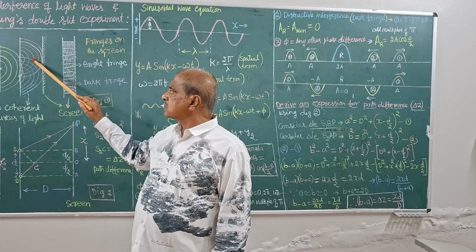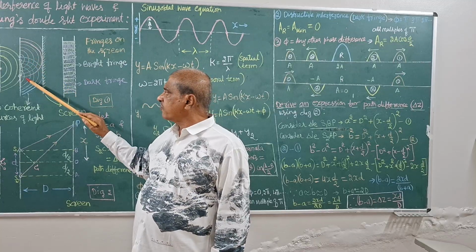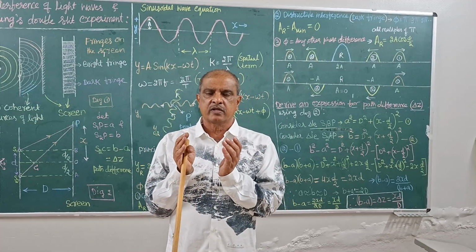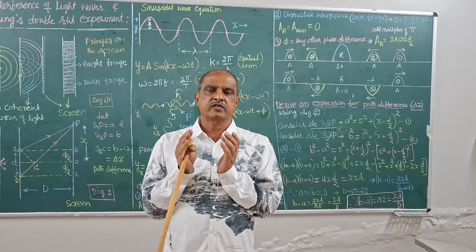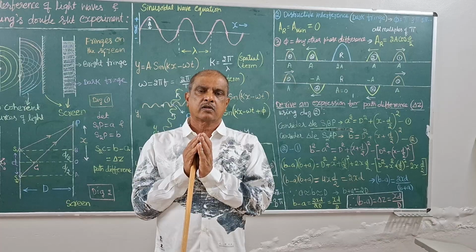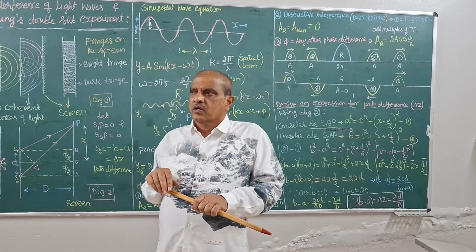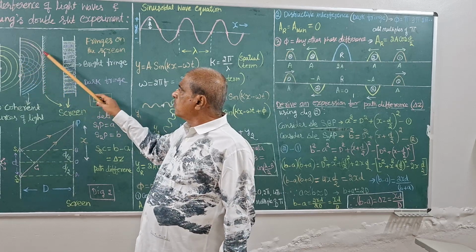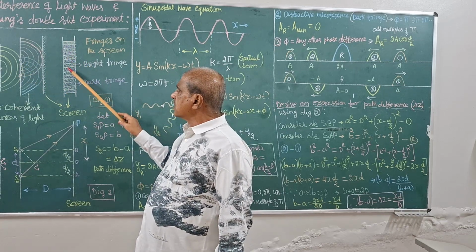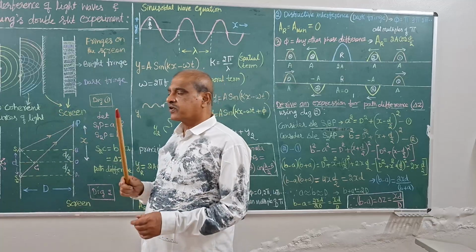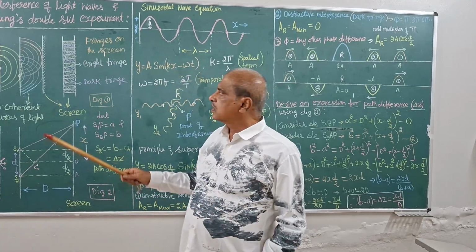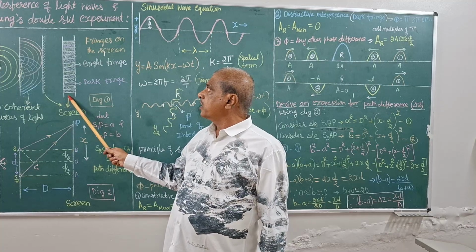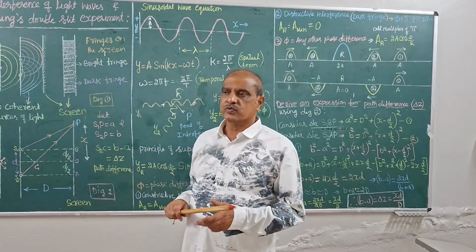If the light waves have different frequency or wavelength, they cannot be in the same phase or have a constant phase difference. They are not coherent sources. If these two sources are like that, we won't get fringes on the screen like this. Here, the fringes on the screen are due to interference of light waves.